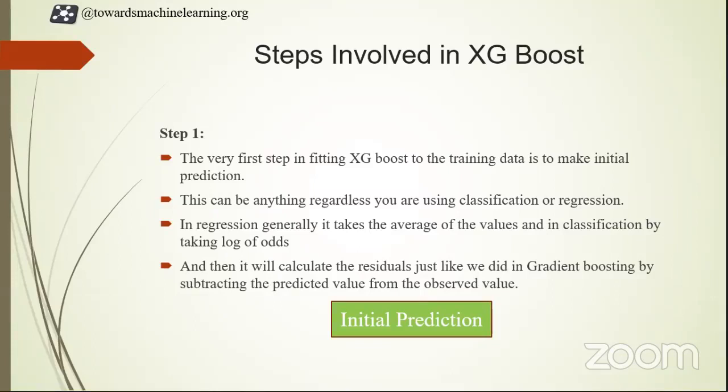In regression you will take the average of the values, and in classification you can take the log of odds, as we have discussed earlier. Then, similarly to gradient boosting, it calculates the residuals by subtracting the predicted value from the observed value. These initial steps are the same.